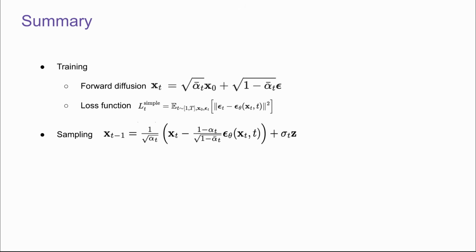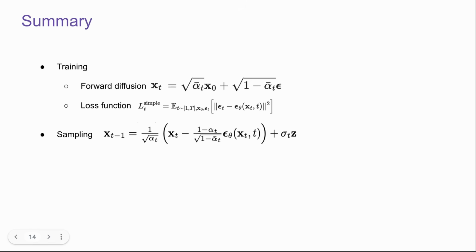That's a very long math deduction process, so let me summarize what we have so far. In the training phase, we need to go through the forward diffusion, and this is how we fast sample a noisy image at time step t given x0. And the simplified loss function is just an MSE between the forward diffusion noise and the model predicted noise.